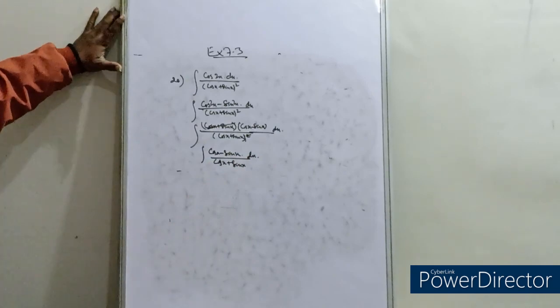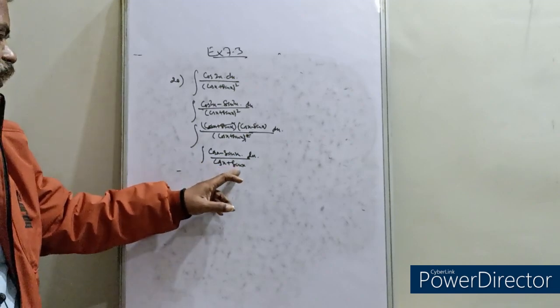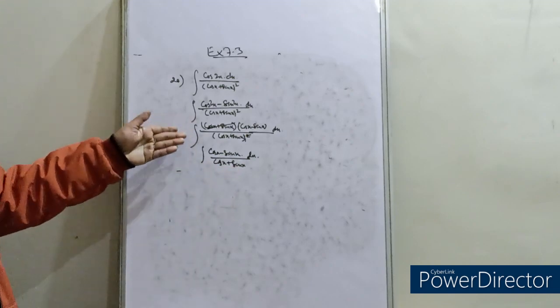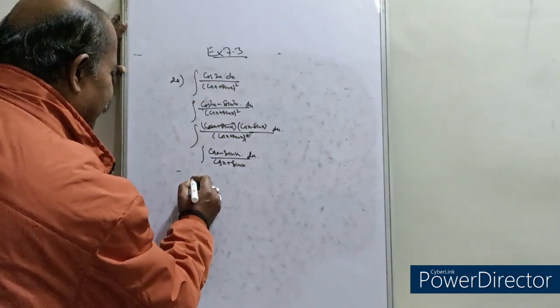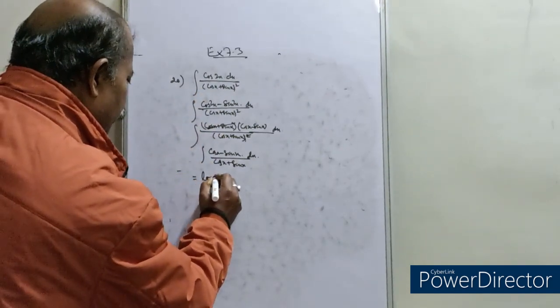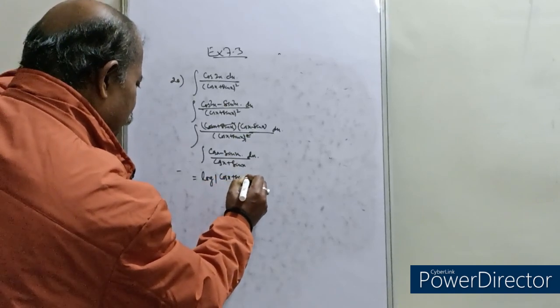Here you see, if you differentiate the denominator, the differentiation of cos x is minus sin x and of sin x is cos x, so you are going to get the numerator. So directly you can write the answer, that will be equal to log of cos x plus sin x plus c.